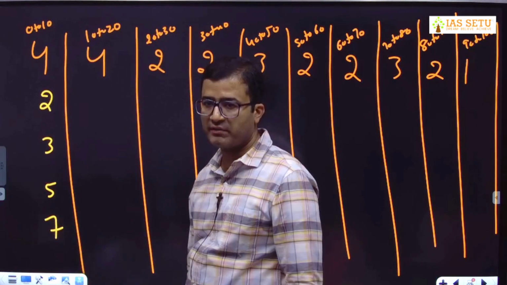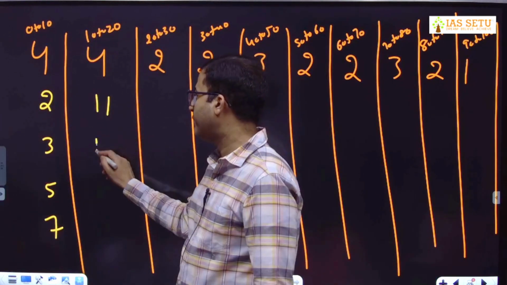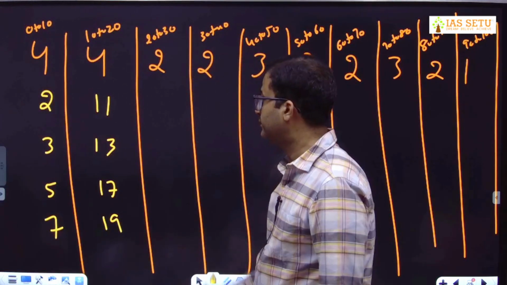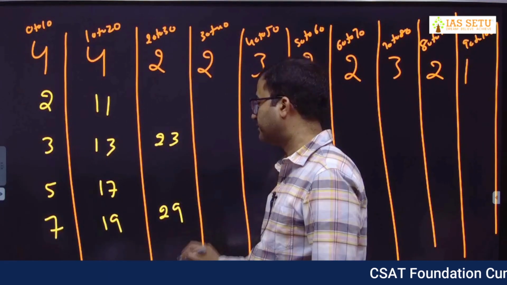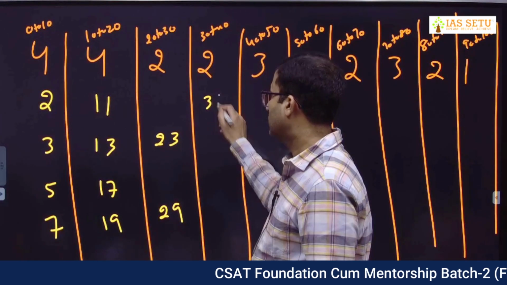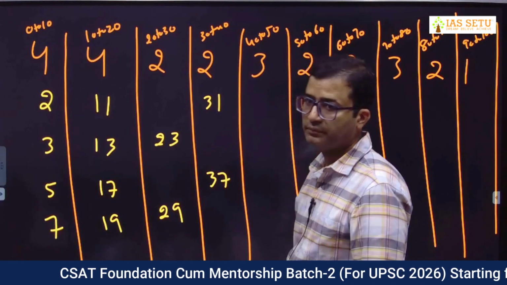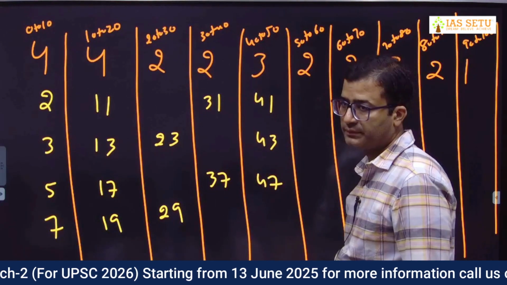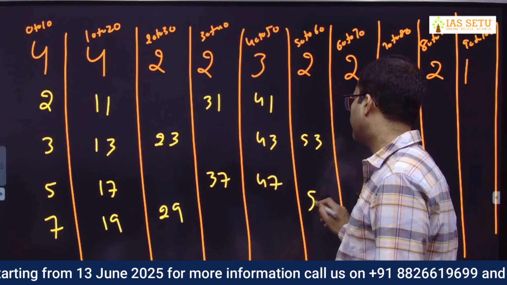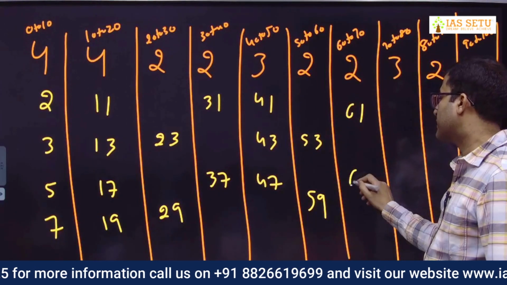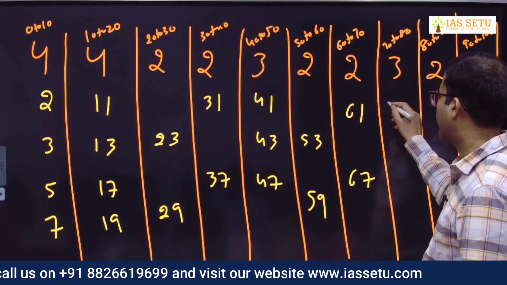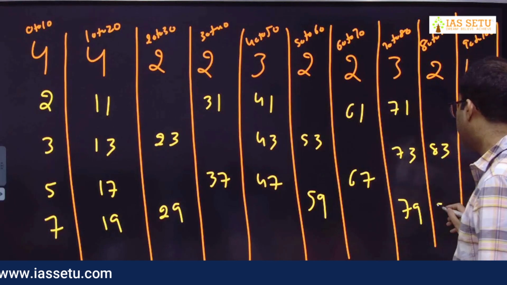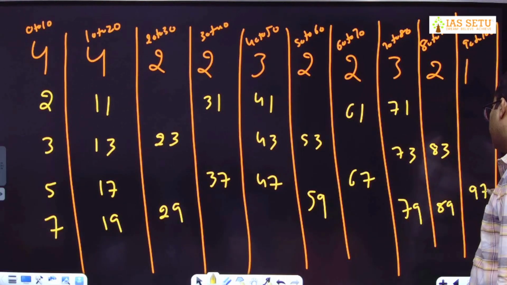2, 3, 5, 7. Starting, all of you know. 11, 13, 17, 19. 23, 29. 31, 37. 41, 43, 47. 53, 59. 61, 67. 71, 73, 79. 83, 89, 97.